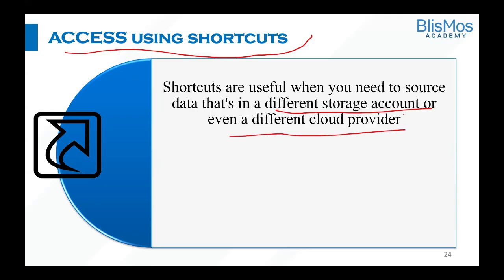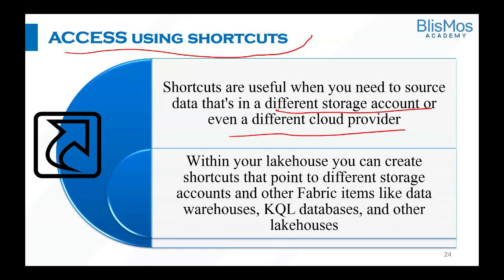We did discuss this when we were discussing OneLake also. Within the Lakehouse, we can create shortcuts that point to different storage accounts, other Fabric items like data warehouses, SQL databases, and other Lakehouses. The Fabric account provisioned for Parveen may be very different from the Fabric account provisioned for Malini.